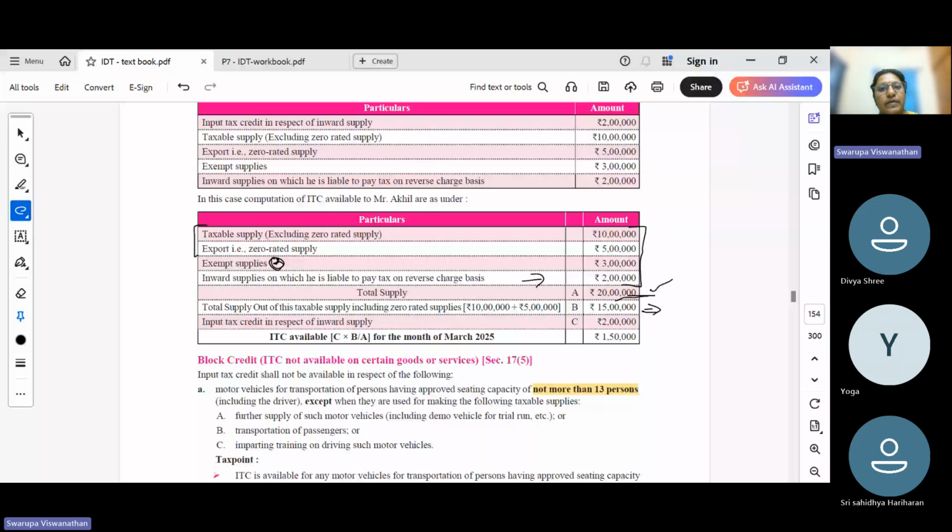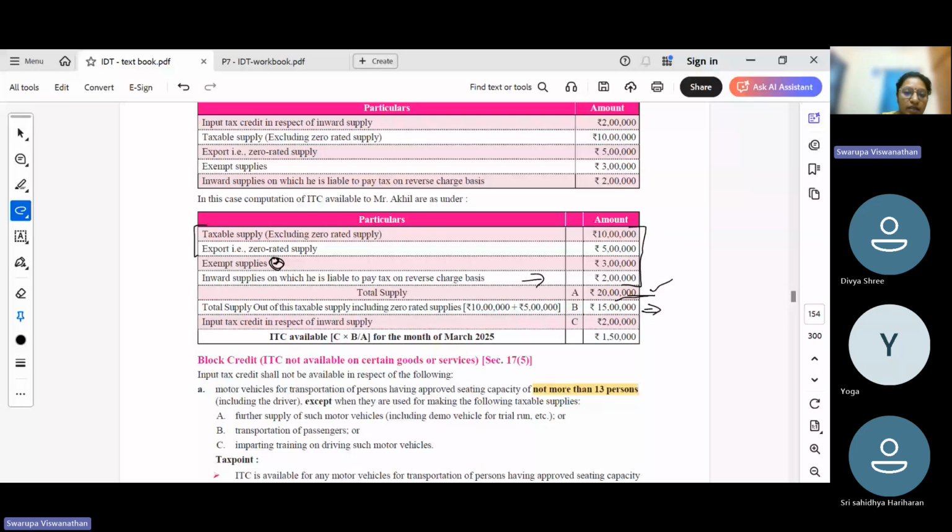So where can ITC be taken? ITC can be taken for taxable supplies and zero rated supplies. ITC cannot be taken, or has to be reversed, with respect to exempt supplies or when a particular supply is used for business and personal use. So we need to calculate the proportion, and proportionate credit can be taken.